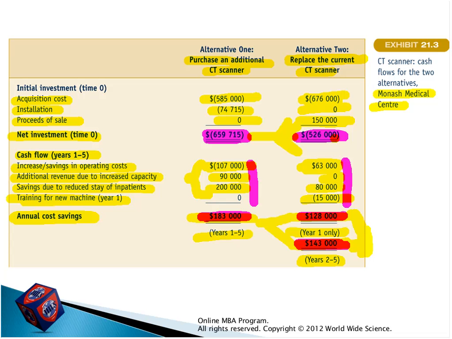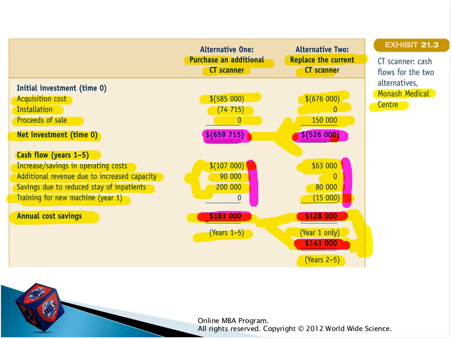So based on our CT scanner project, we can conclude that the best project is alternative 2, where we replace our current CT scanner with a new one, because it takes lesser investment, right? The cost of investment would be lesser than the first one, and as well it brings more profits in cost savings for the company.